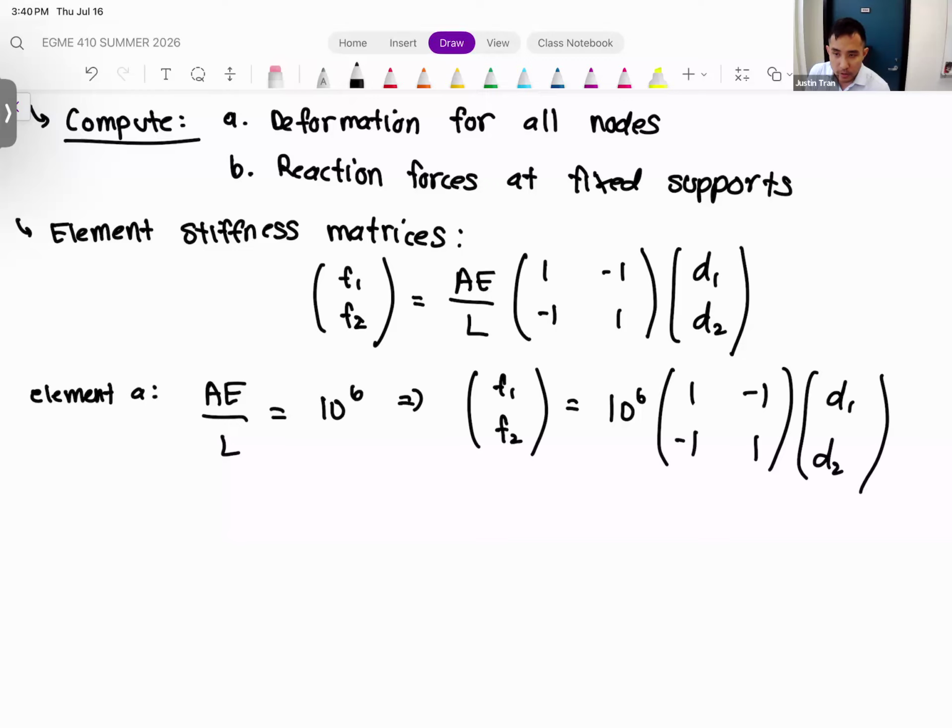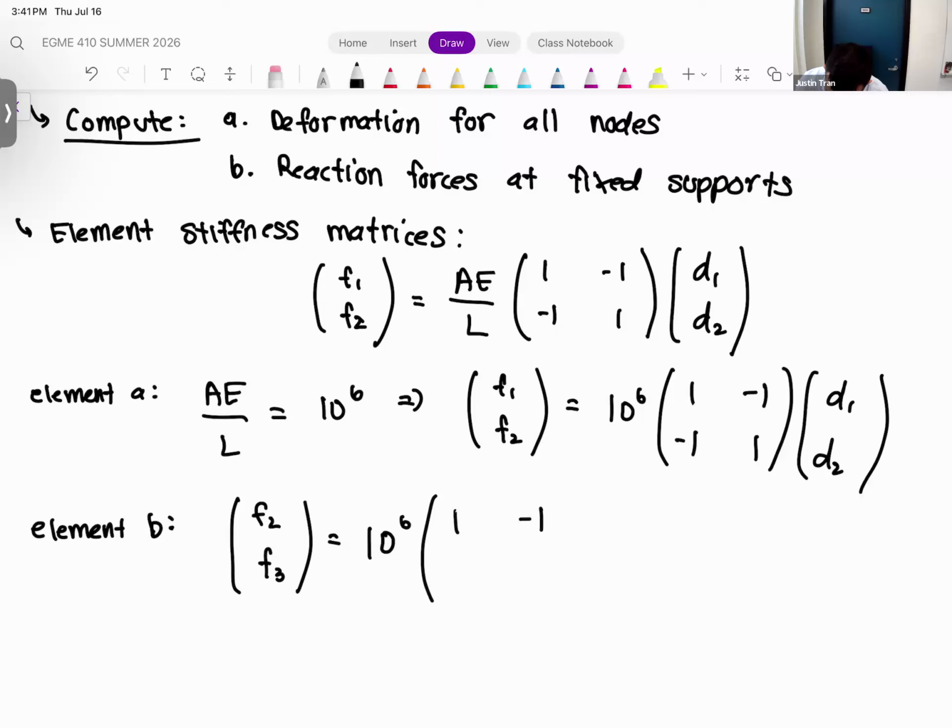So our AE over L is going to have the same value. The only thing that's different about element B is the nodes it's connected to. Element B is connected to nodes 2 and 3, and so its element stiffness matrix is F2, F3 is equal to 10 to the 6 times [1, -1; -1, 1] times D2, D3.